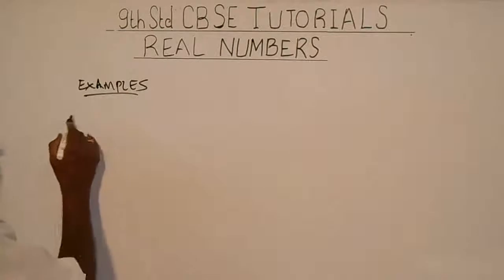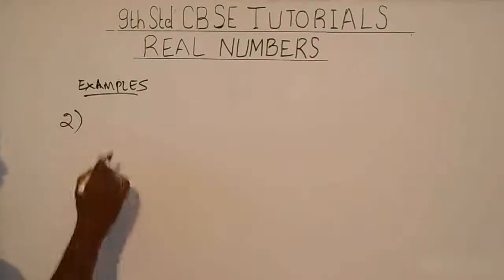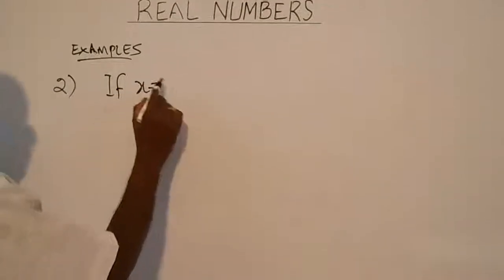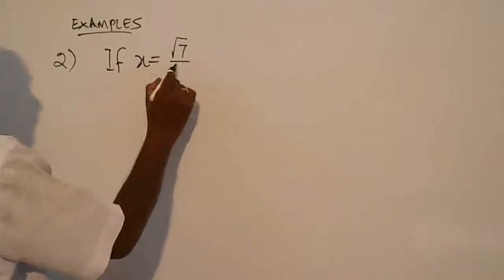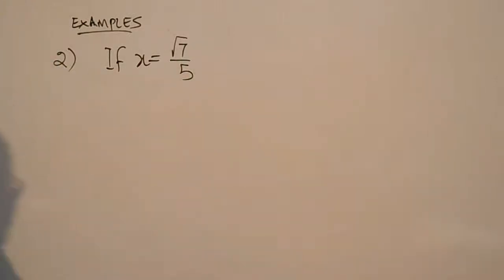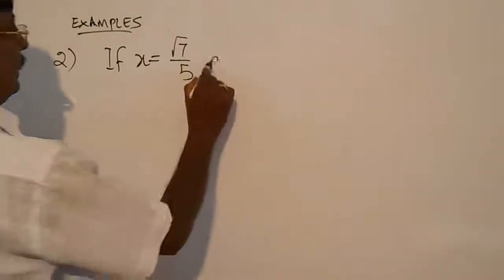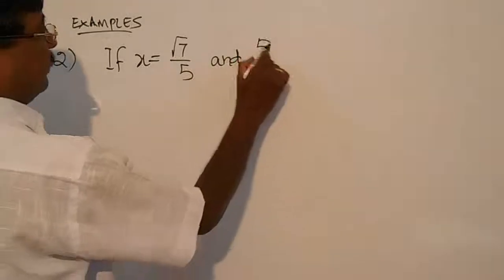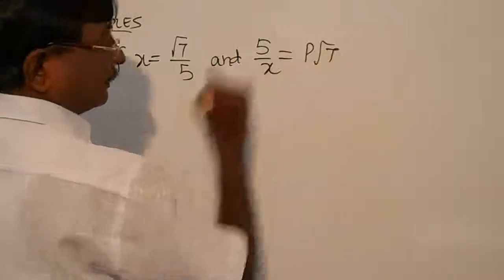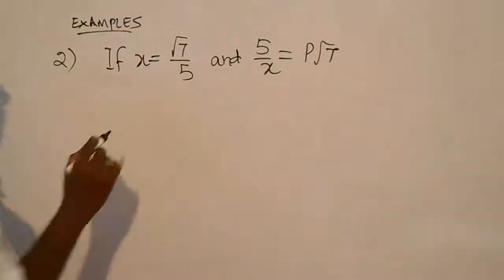We look into the second example. Example number 2: if x is equal to root 7 by 5 and 5 by x is equal to p root 7, then find the value of p.